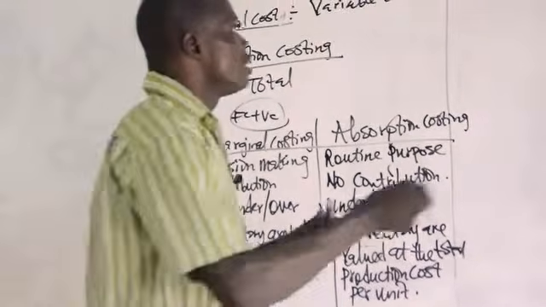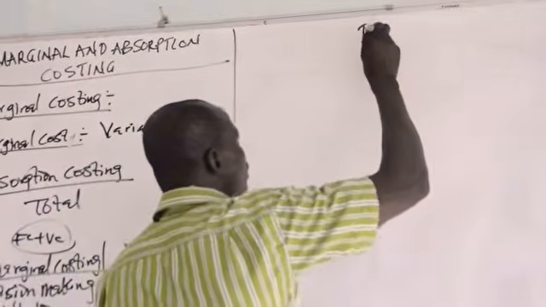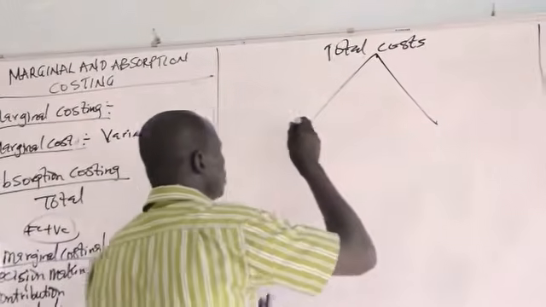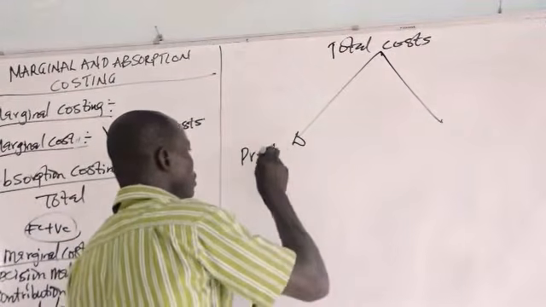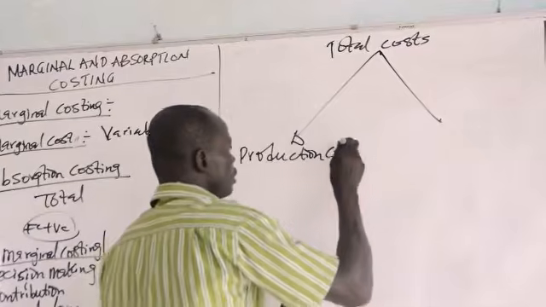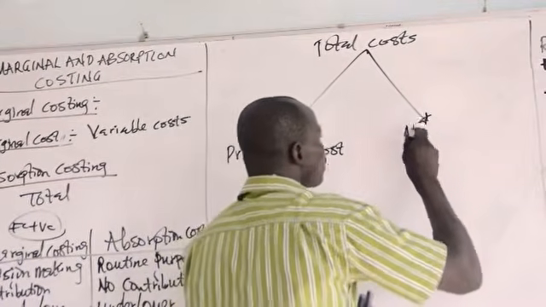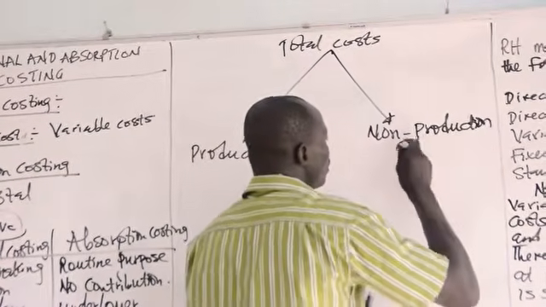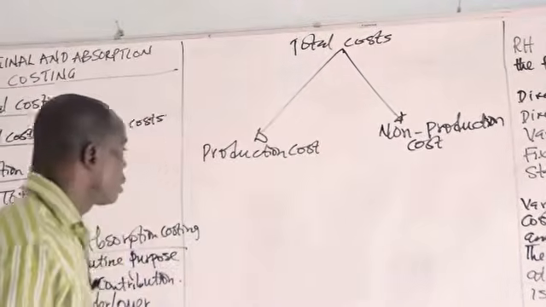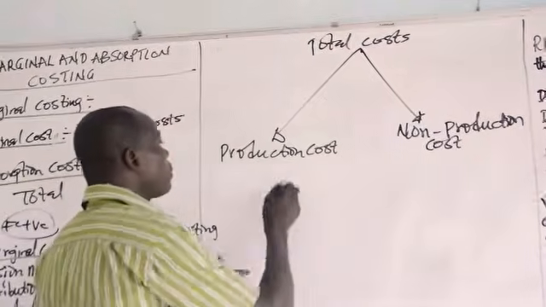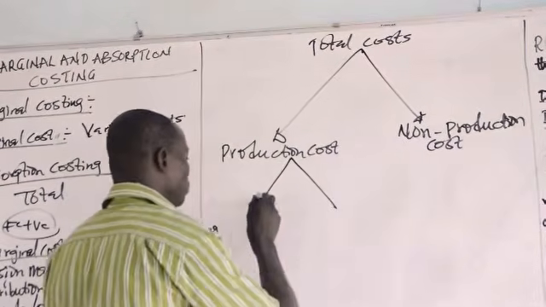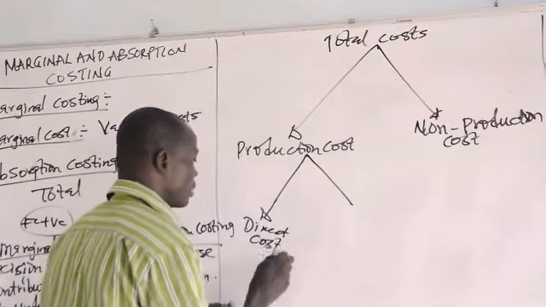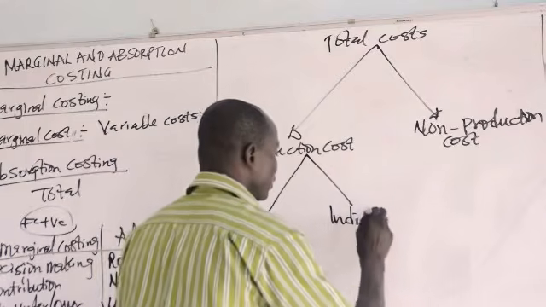Now when you have total cost, your total cost can be divided into two: production cost and non-production cost. Your production cost can be divided into two: the direct cost and indirect cost.